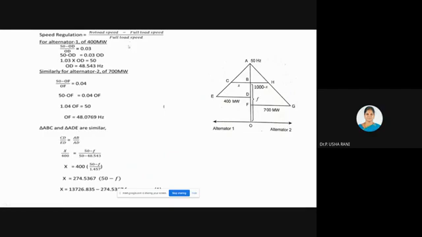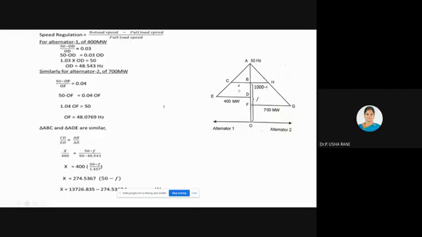Considering first alternator 1 of the capacity 400 megawatt, you write the speed regulation as 3% for alternator 1. So 3 into 1/100, that is 0.03, equals no load speed 50 minus full load speed.